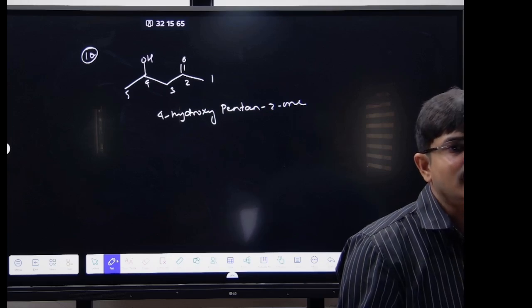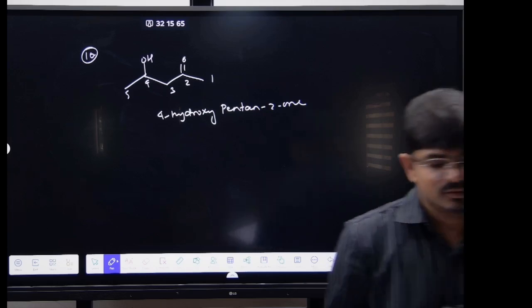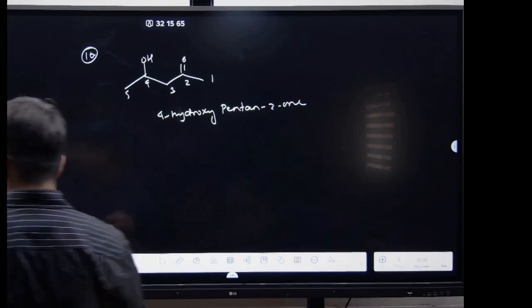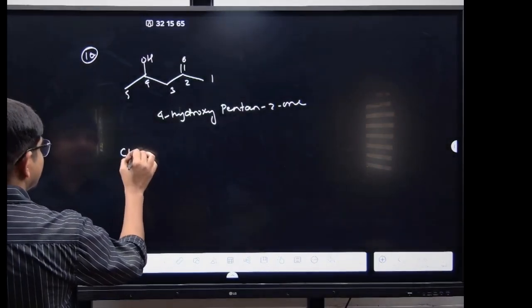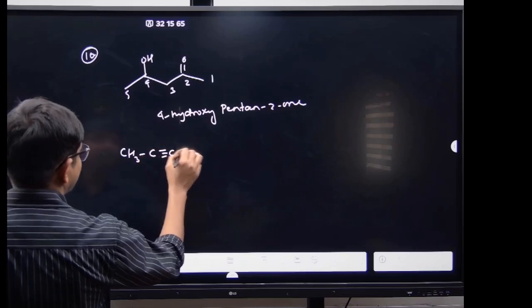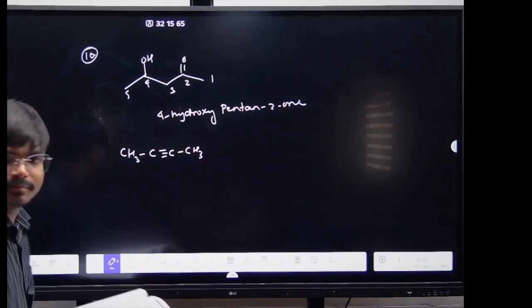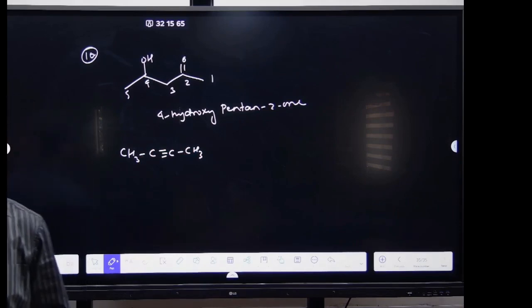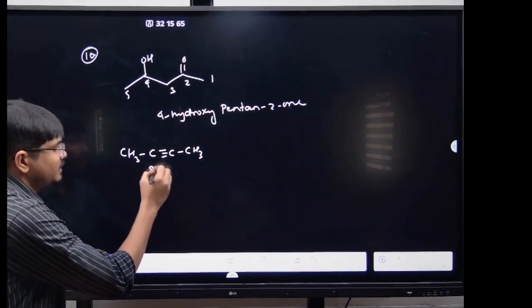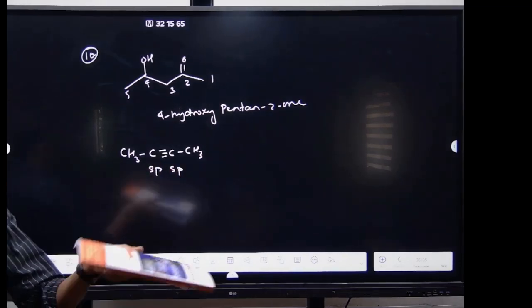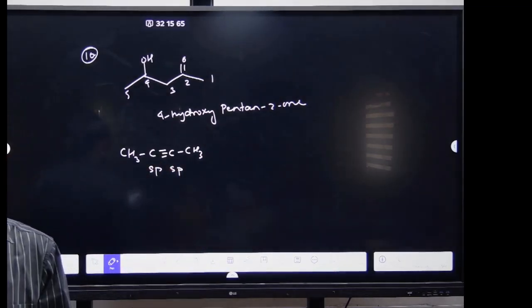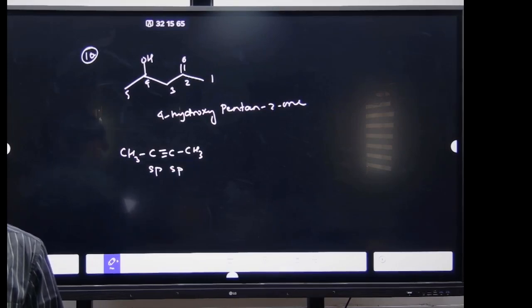An sp hybridized compound will be linear one, right? So see here, if you look at this example, CH3, C triple bond C and CH3, right? These carbons are sp, and sp means linear. So the third option will be the correct answer.